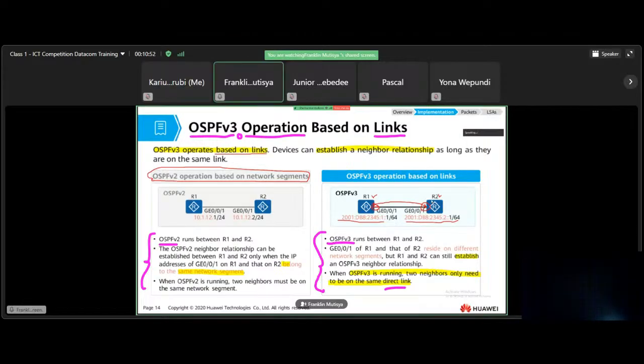In other words, they establish a neighbor relationship. So when OSPF version 3 is running, two neighbors only need to be on the same direct link. So it becomes very easy to set up. That's why OSPF version 3 and OSPF version 2 have that difference: OSPF version 3 is easy to set up and very convenient to work with as compared to OSPF version 2.